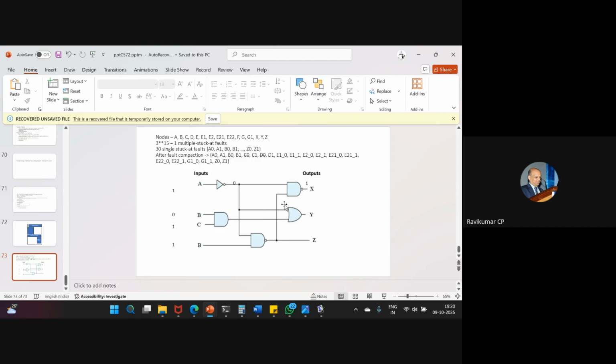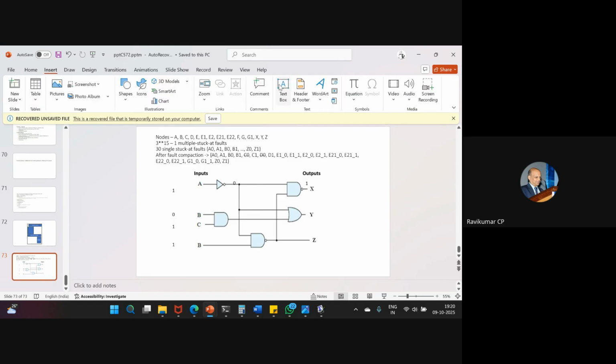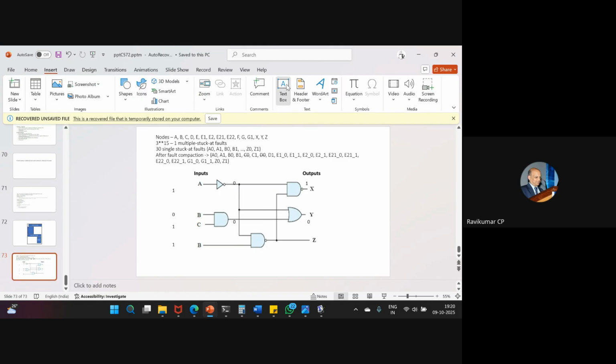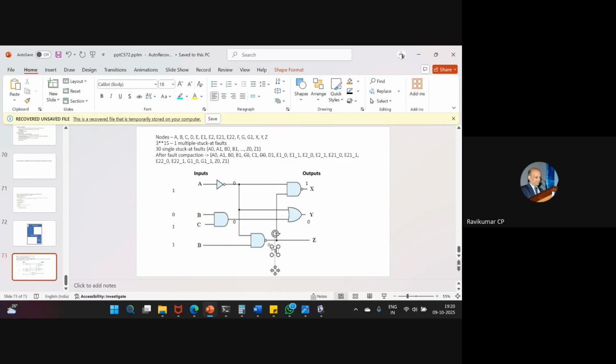So as a result, y will be 0. And this will be a 1, and this also. Now this is how a good circuit will behave. Now these are the faulty circuits.